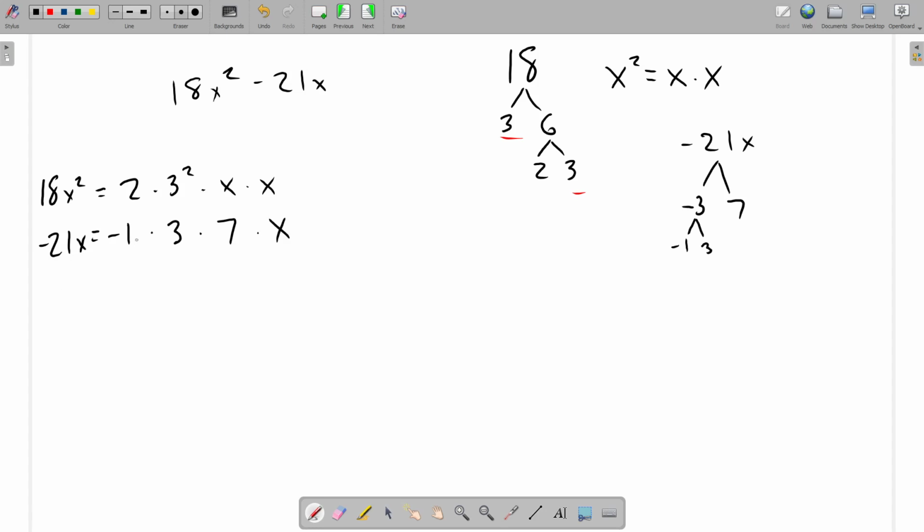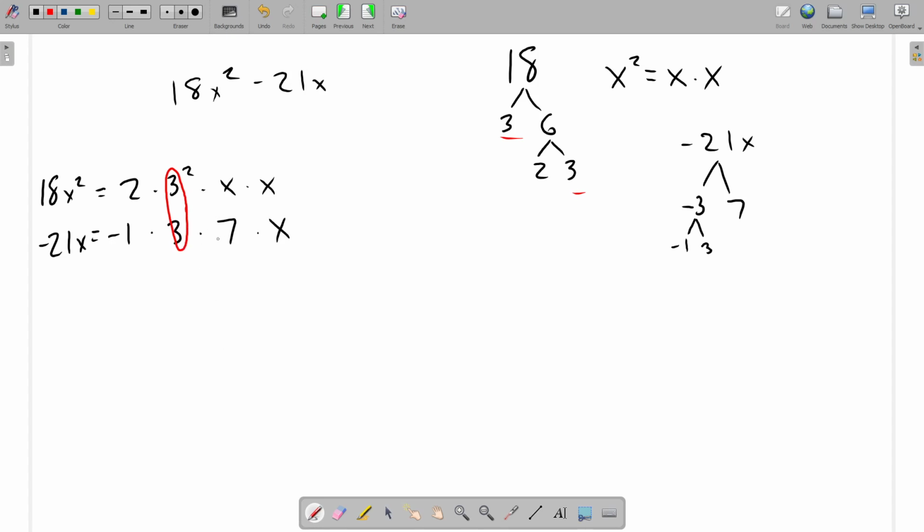What I want to do to find the greatest common factor between these two is look at everything that these have in common. I see a negative 1 in the bottom, no negative 1's in the top. I see a 2 in the top and no 2's in the bottom. I have 2 3's in top, and on bottom I have 1 3. So I'm just going to circle them.